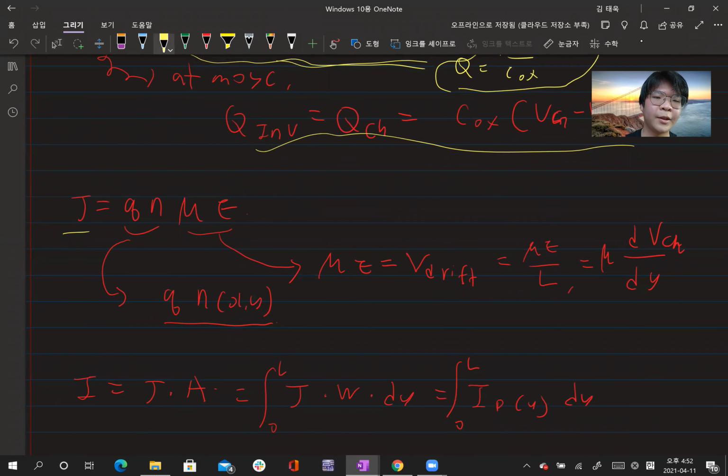So here, there is a charge density formula.